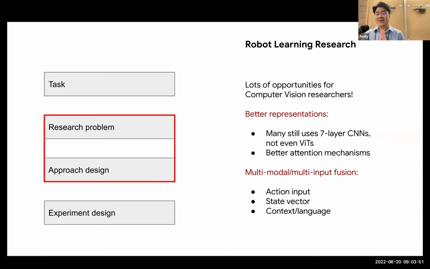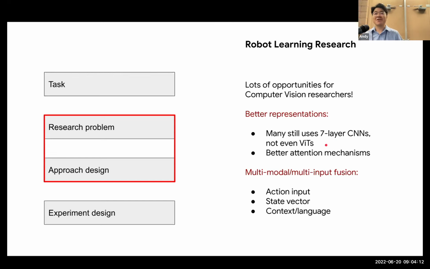We can actually contribute to robot learning research by coming up with better representations. Very surprisingly, many actual robot learning research papers, even one year ago, were still using basic 7-layer CNNs, not even ViTs.